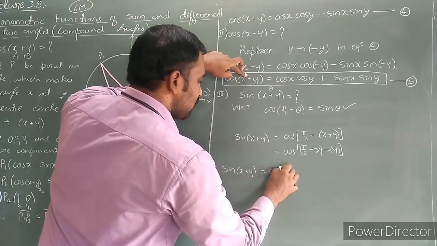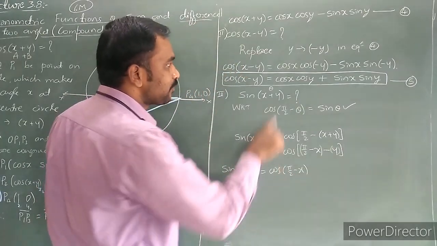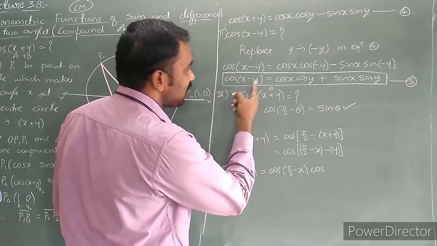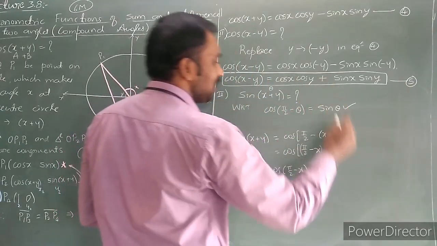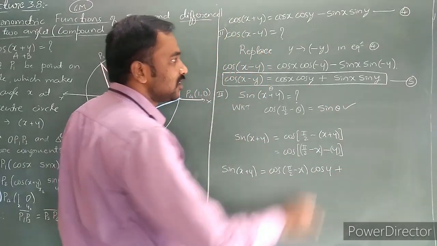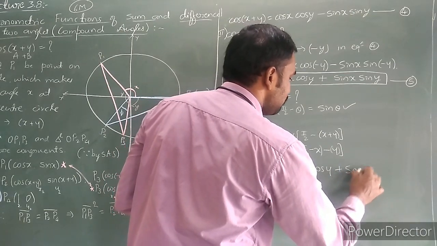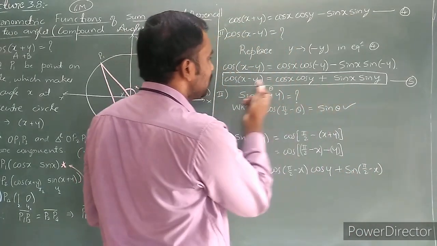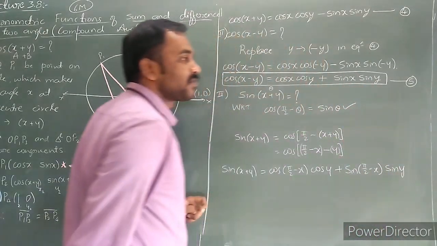So cos of pi by 2 minus x into cos y, minus as it is, in place of y it is cos y. Here it is plus as it is, sine of pi by 2 minus x into, in place of y, sine of y.